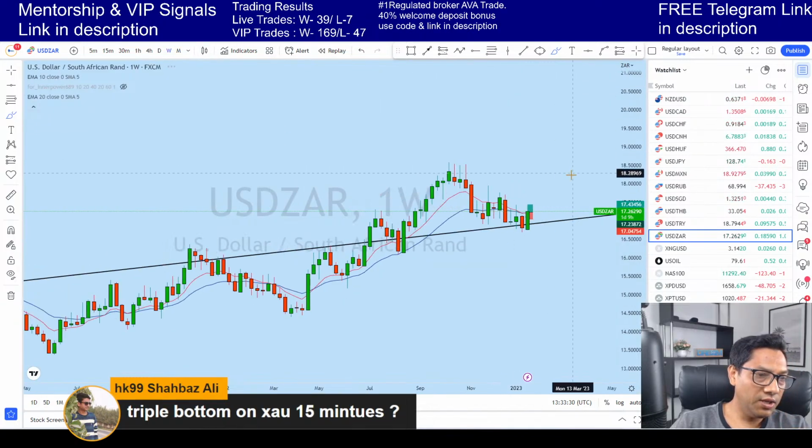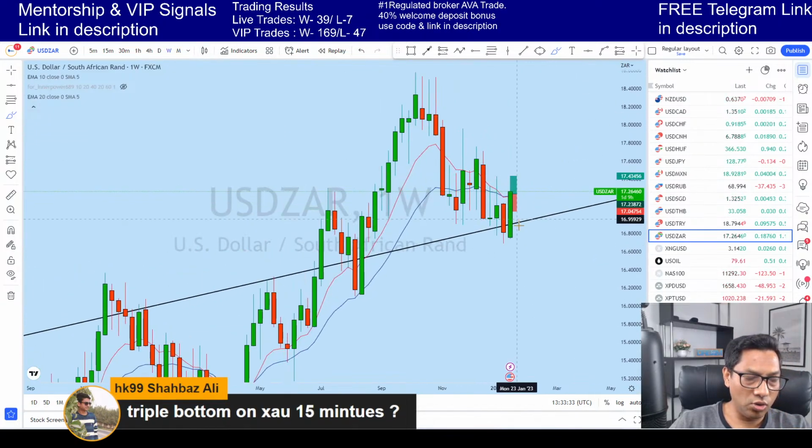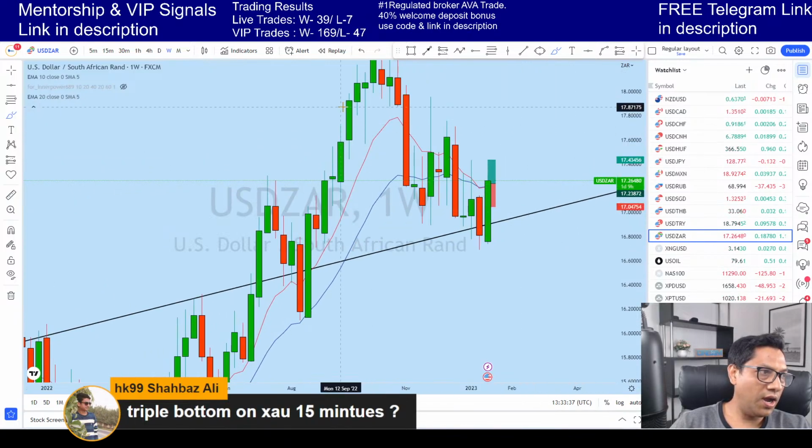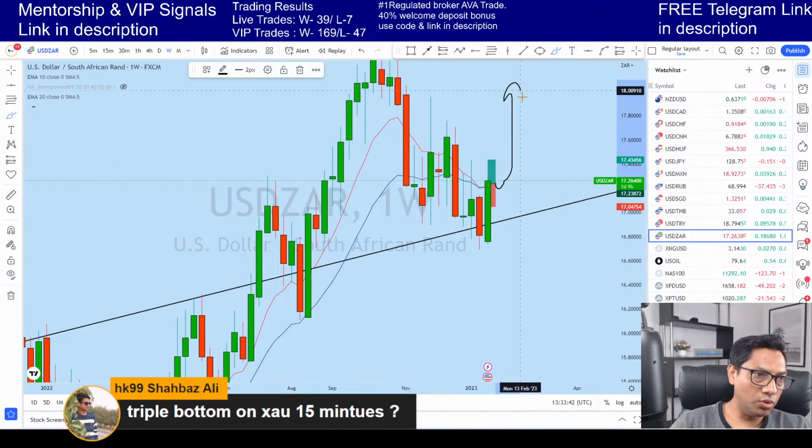Looking at weekly, the current weekly candle is also forming a bullish engulfer, which is also highly bullish, and I think that this instrument will continue to go up.